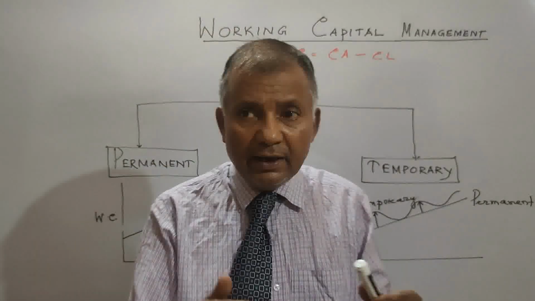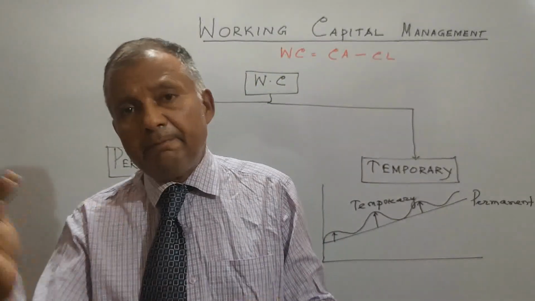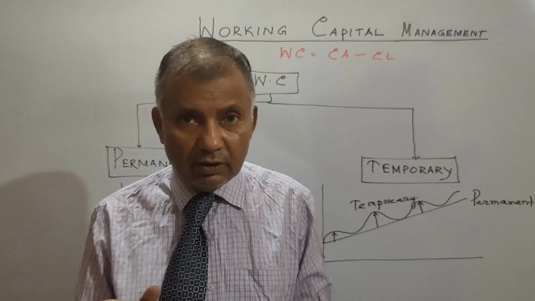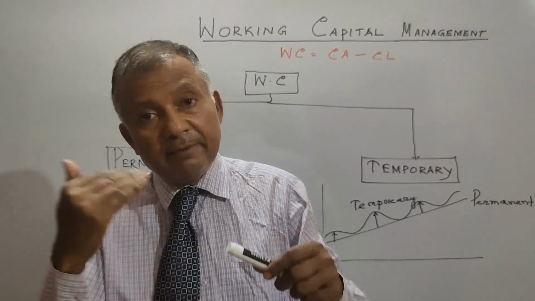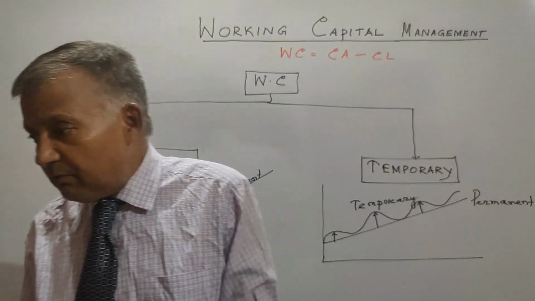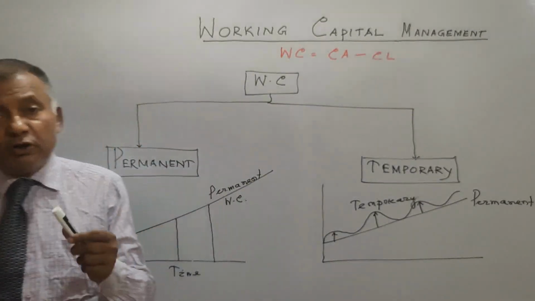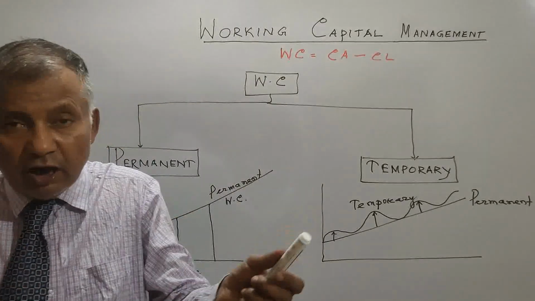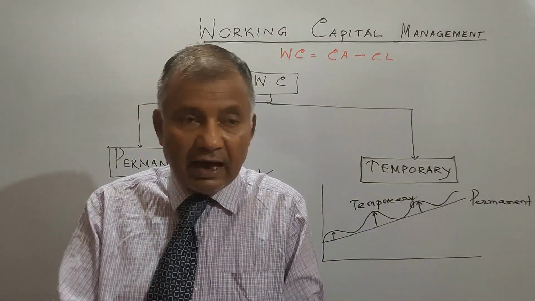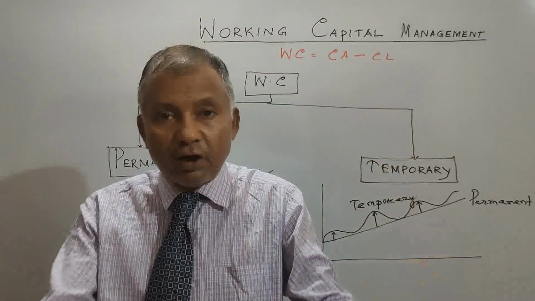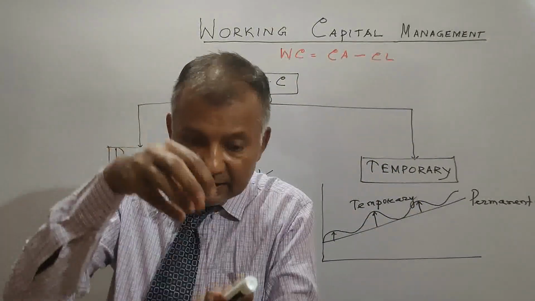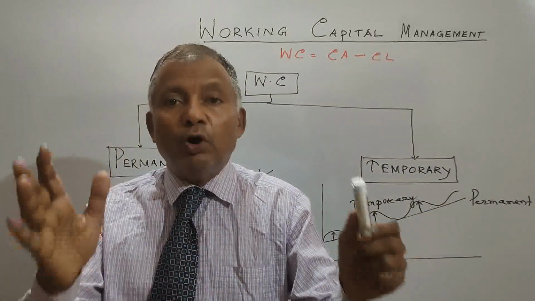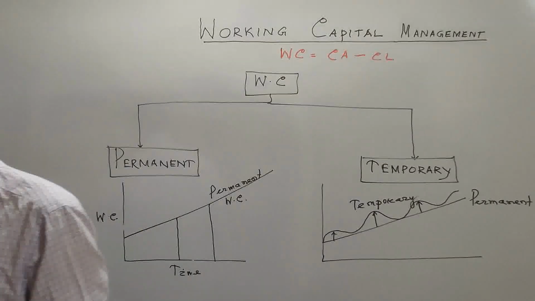Suppose the company is selling the inventory very fast, so less working capital will do, because inventory is selling very fast. But if the company is unable to sell the inventory, then a lot of funds are locked in the form of stock. Therefore, more working capital is necessary.